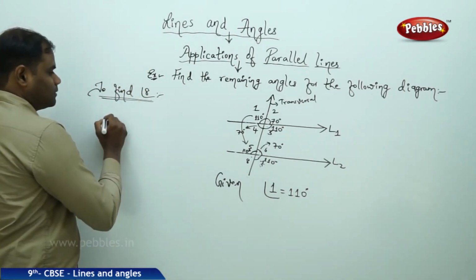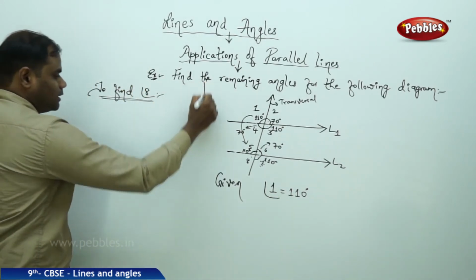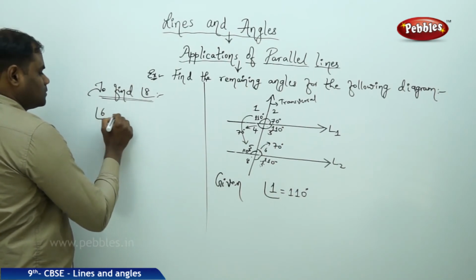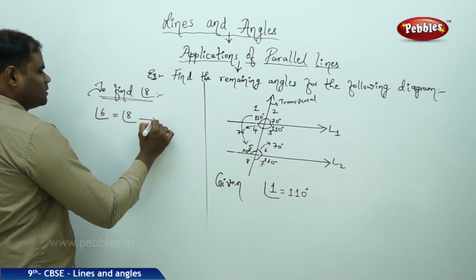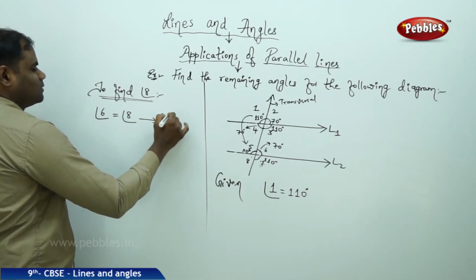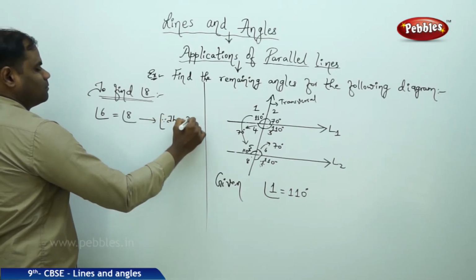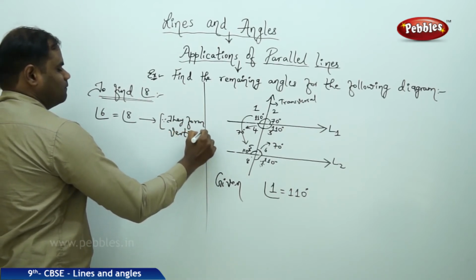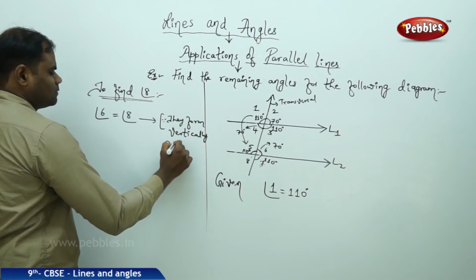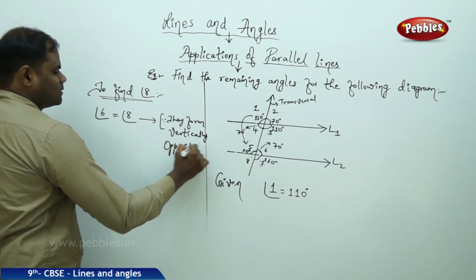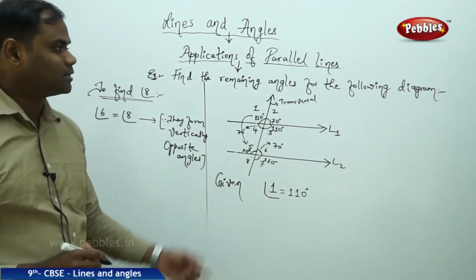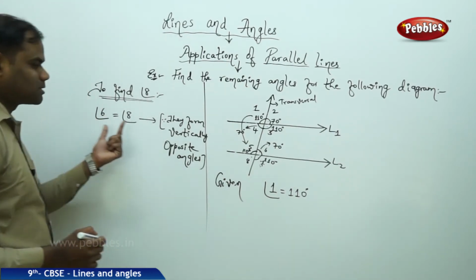So I take angle 6 equals angle 8, because they form vertically opposite angles. Since they form vertically opposite angles, they must be equal.